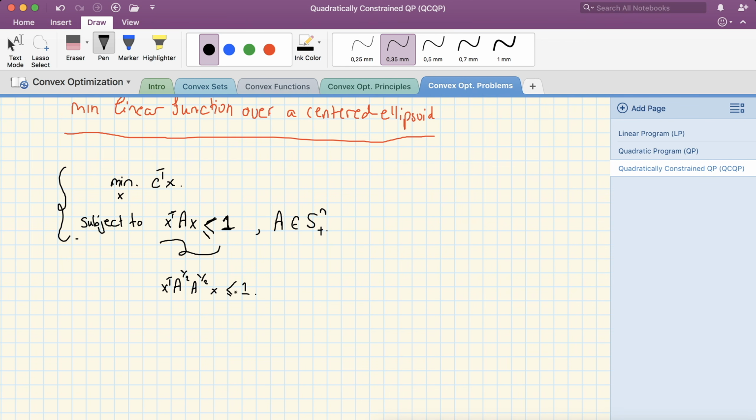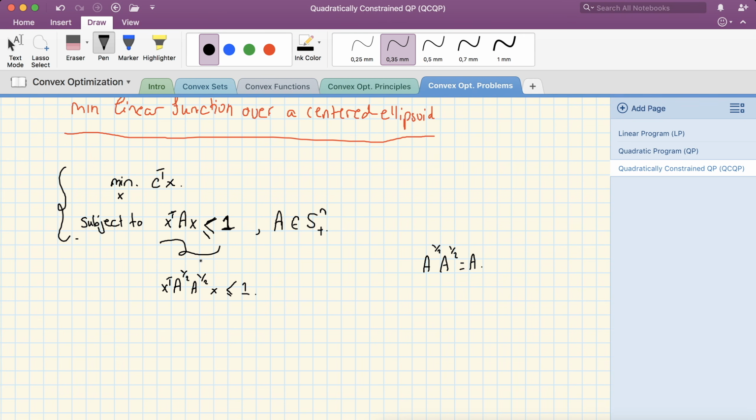Because we all know that the square root of a matrix is defined as follows. A half times A half is A. And what is A half? It's not entry-wise square root, no. It's the square root of a matrix. It's a matrix that, if multiplied by itself, it gives the original matrix, okay?